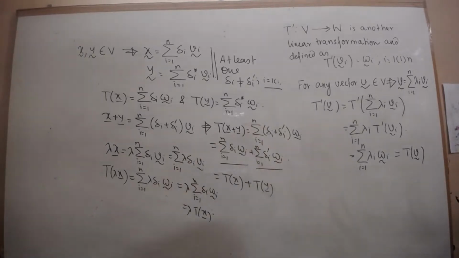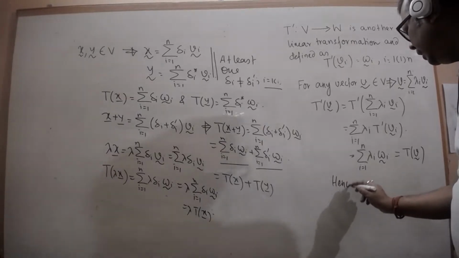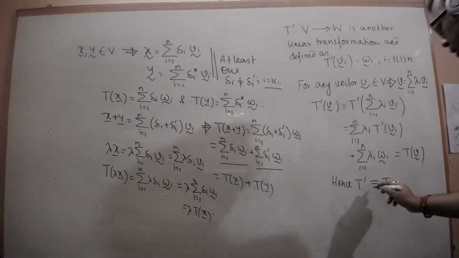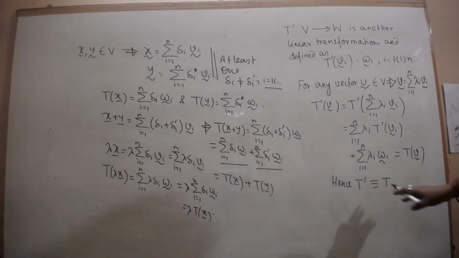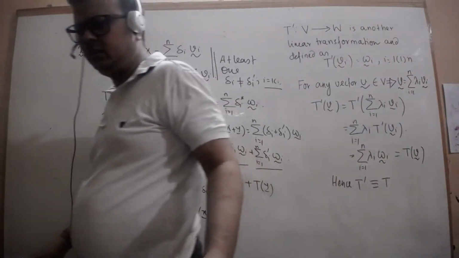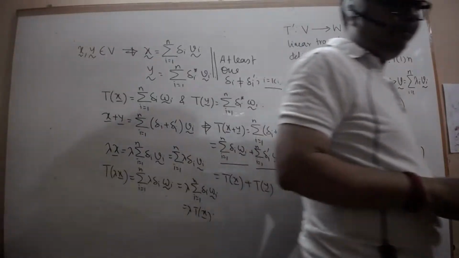Hence, these two linear transformations are equivalent. When you use operators, you should use equivalent instead of equal. If you use equal, this is wrong. This is not a numeric thing.